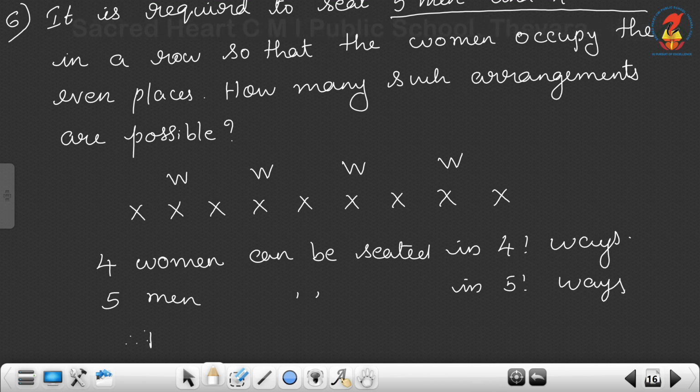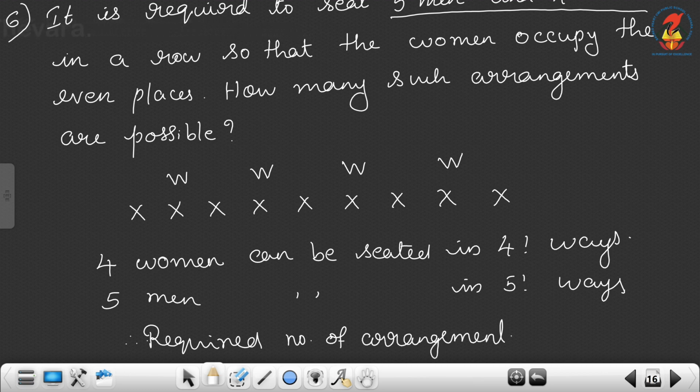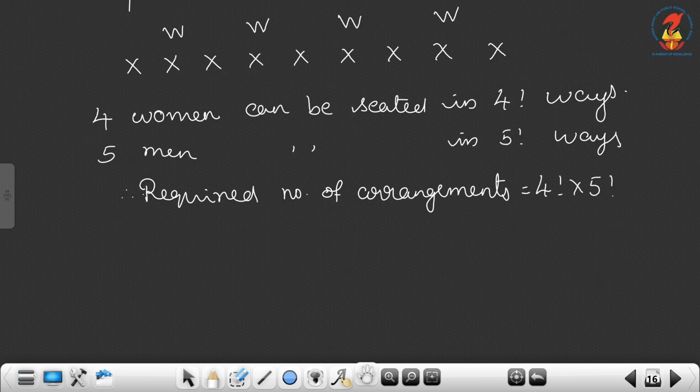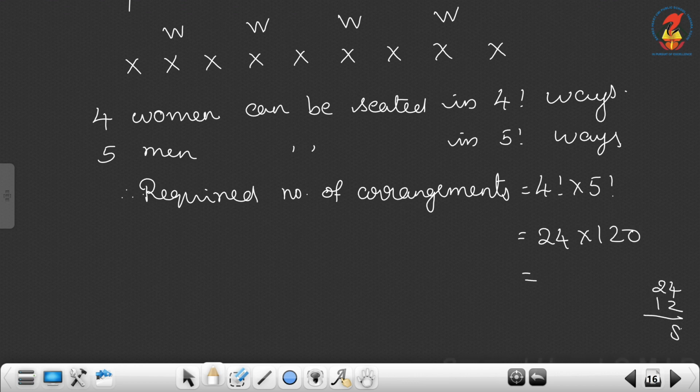Therefore, required number of arrangements: both we need, so we have to multiply. Required number of arrangements is equal to 4 factorial into 5 factorial. 4 factorial is 24. 5 factorial is 120. So 24 into 120 is 2880.